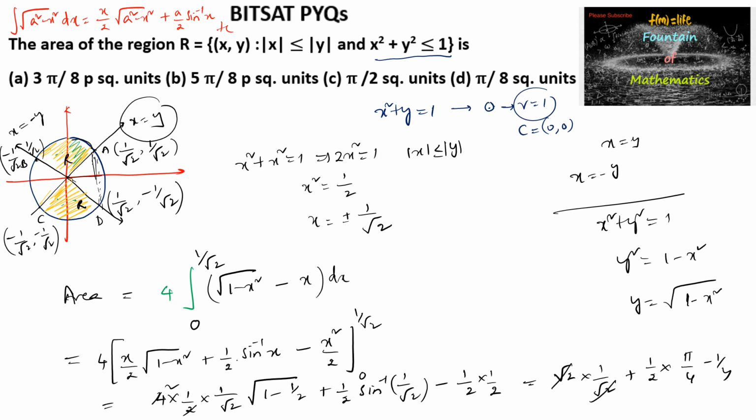So we can just consider here. So 1 minus 1 by 4 is 3 by 4. 3 by 4 plus pi by 8. So 3 by 4 plus pi by 8 is the area here. Sorry, here 4 times you should write 4 by 2, and here it is.